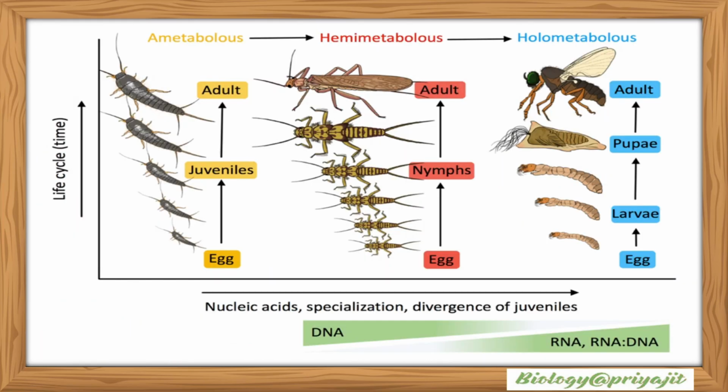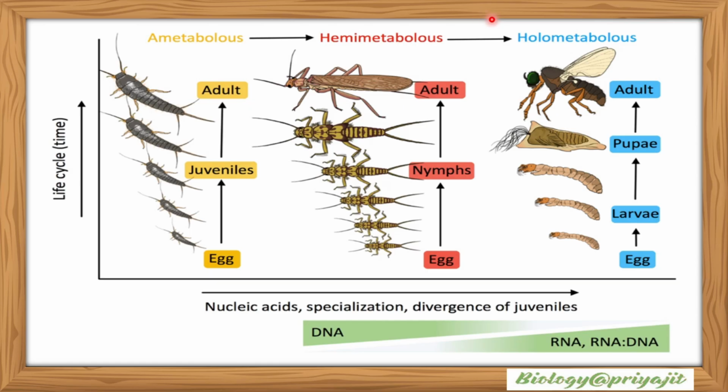This image compares the three types of insect metamorphosis. In ametabolous insects, on the left, juveniles resemble smaller adults and develop directly from egg to adult with no major structural changes. In hemimetabolous insects, in the middle, development proceeds from egg to nymph to adult, where nymphs look like adults but lack wings and reproductive organs, and no pupal stage is present in their life cycle.